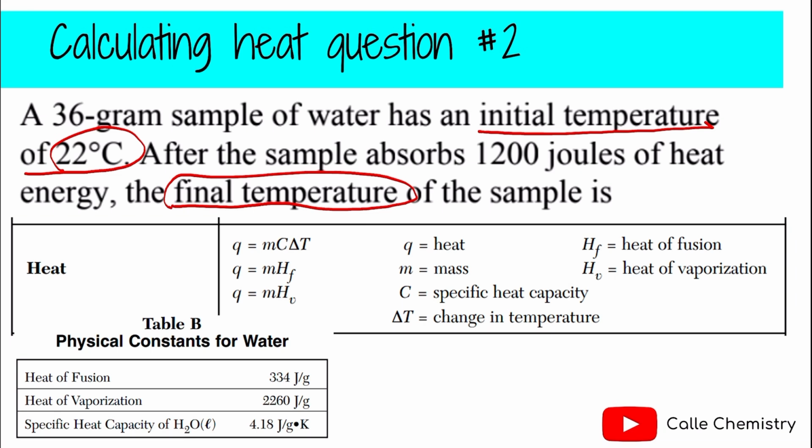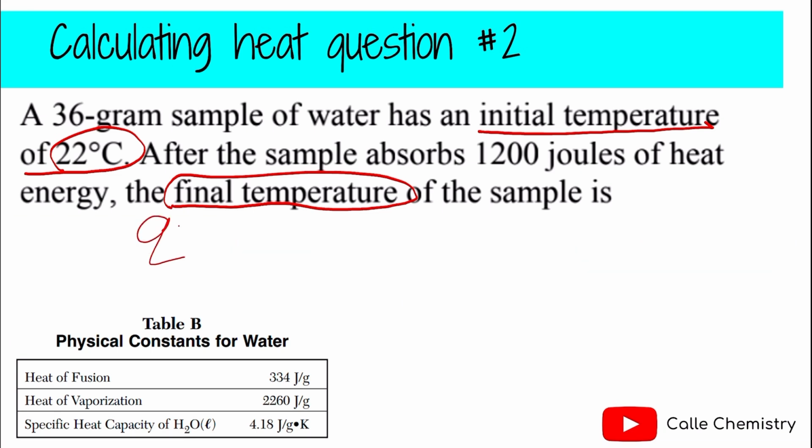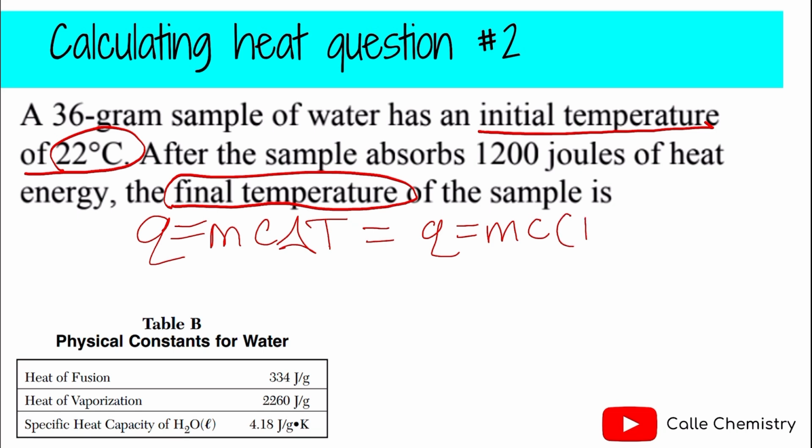So I'm going to write it down here. Q equals m c delta T. I'm also going to write this out because I want us to know what delta T is, so we are all on the same page. Delta T is final temperature minus initial temperature. All right, let's start plugging numbers in.